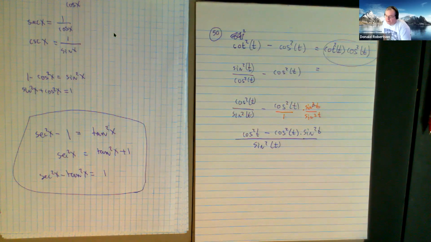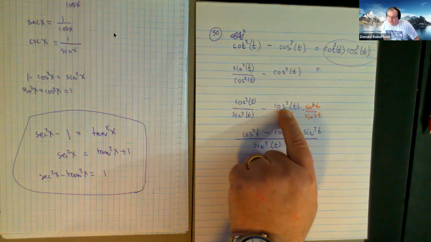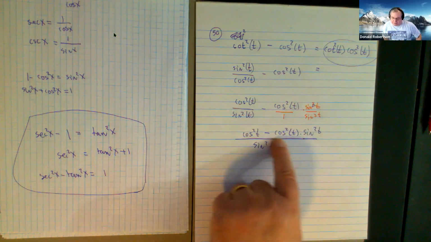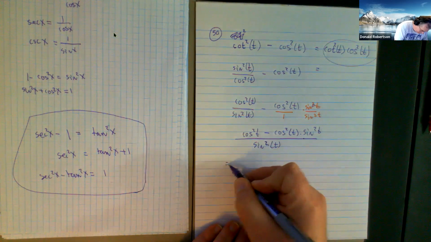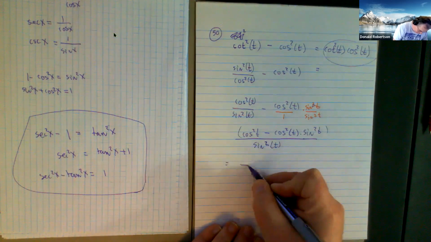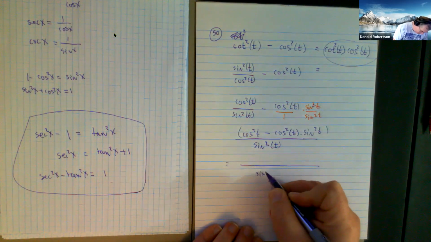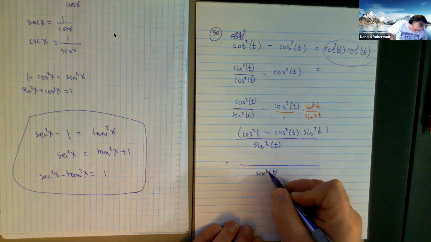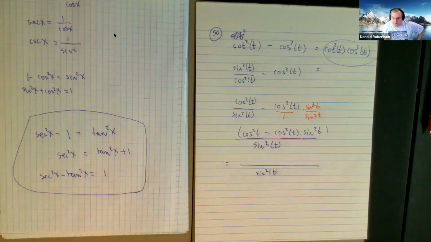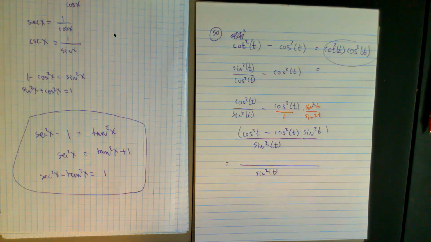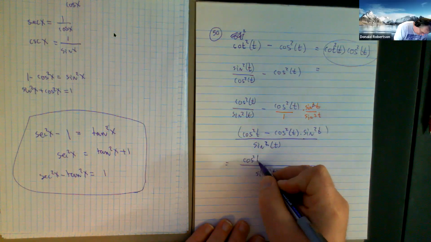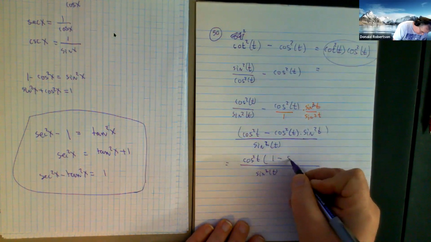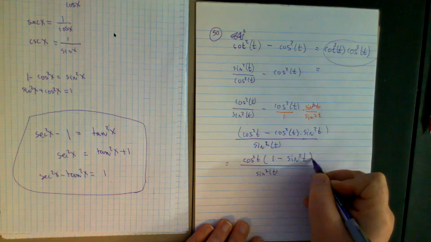Are we good so far? Follow the logic. Take this and turn it into a fraction over sine squared. Right, look at the top row. Anything you can do on the top row? Can you factor out a cos squared t? You can. And that will leave me with 1 take away sine squared t.